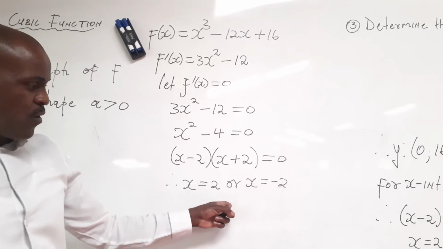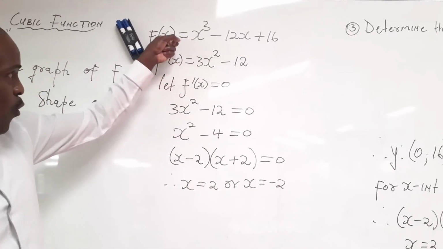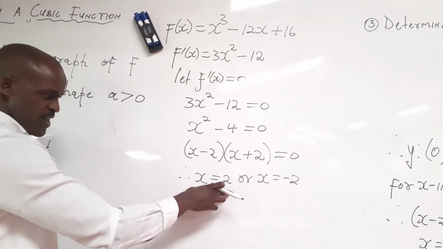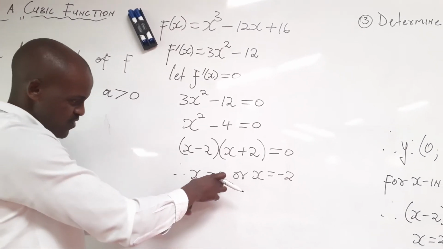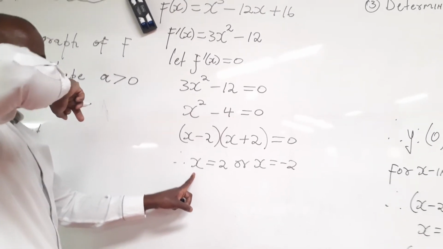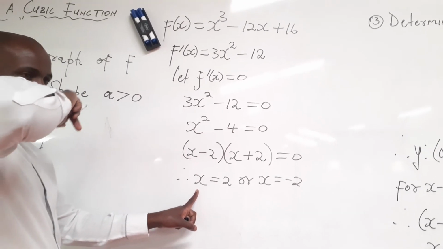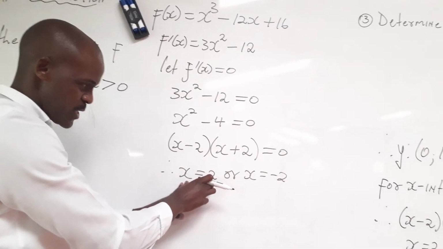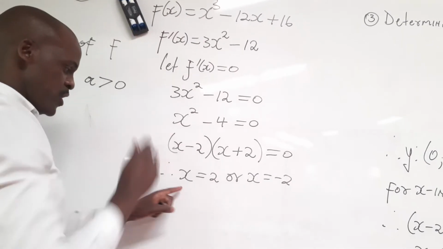So we now have to find the y value at the turning point. For the y value at the stationary point, you substitute the x values into the original equation. Let's do it.